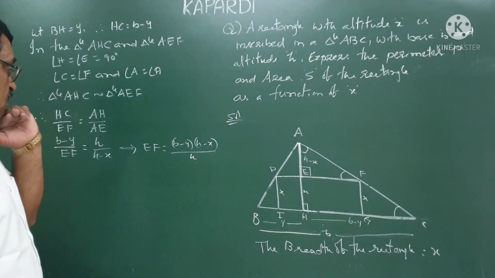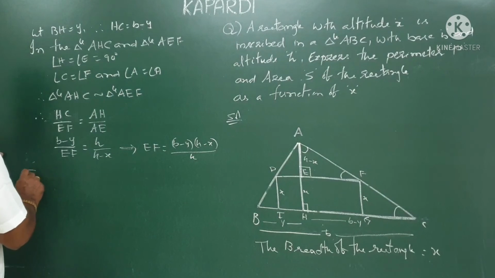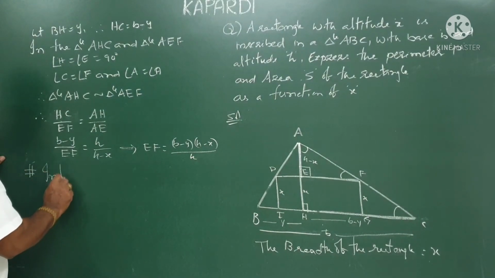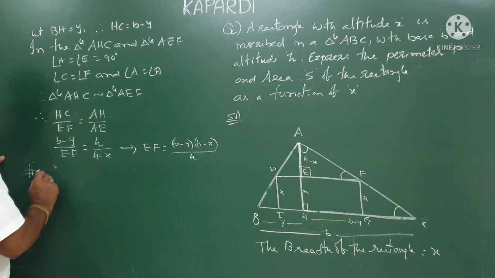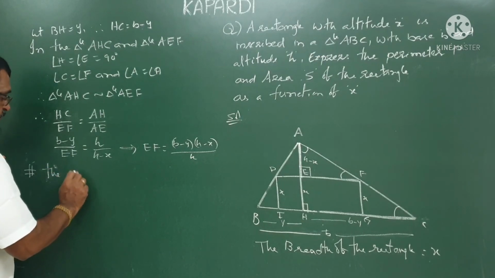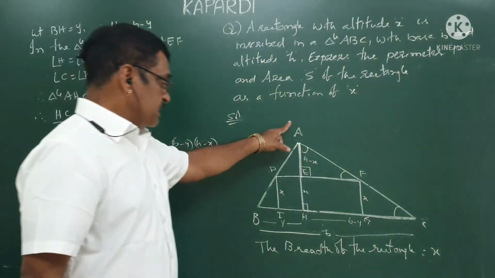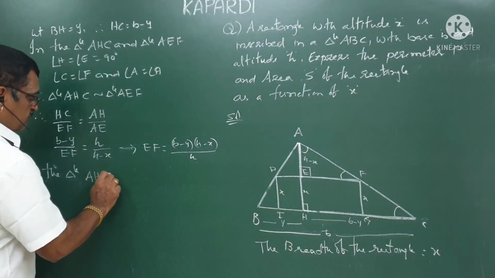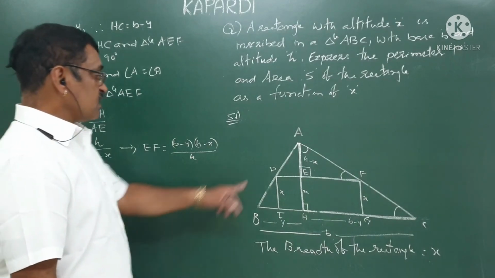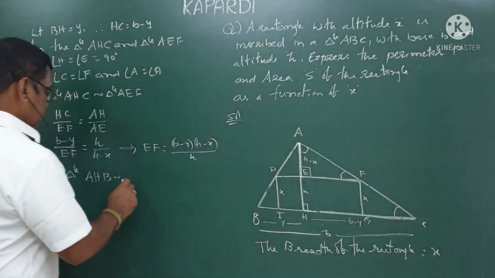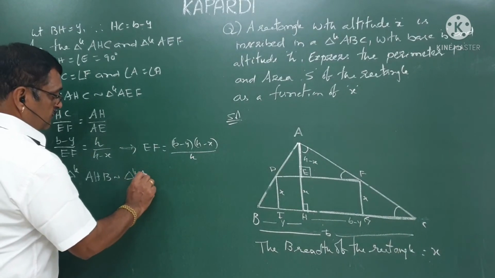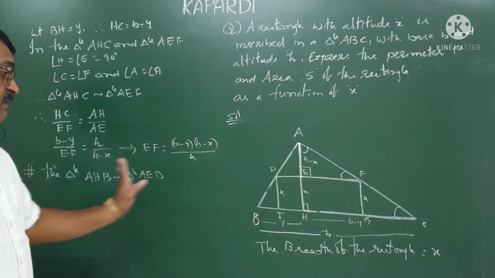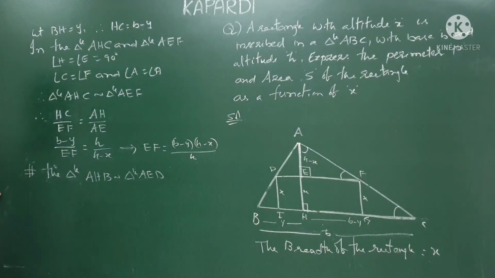Similarly, I focus on the second case. I focus on the triangles. What are they? Big one AHB is similar to small triangle AED. Of course, same rule, same angle. Now I go for BH.